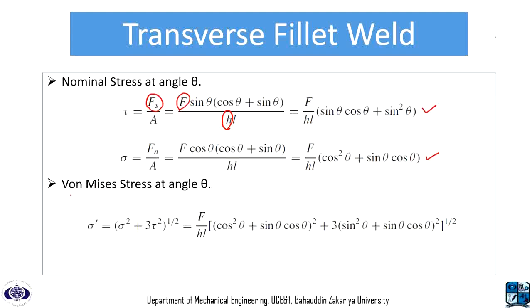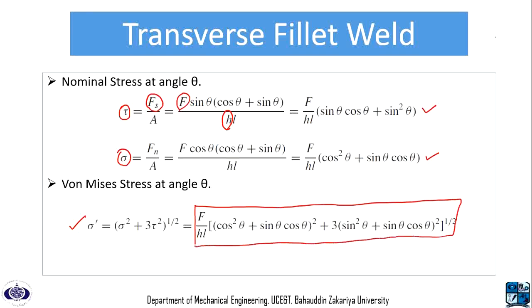Next, because we have shear stress and normal stress being applied on the same plane, we can use von Mises and we are going to get this formula, which is the von Mises for transverse fillet weld.